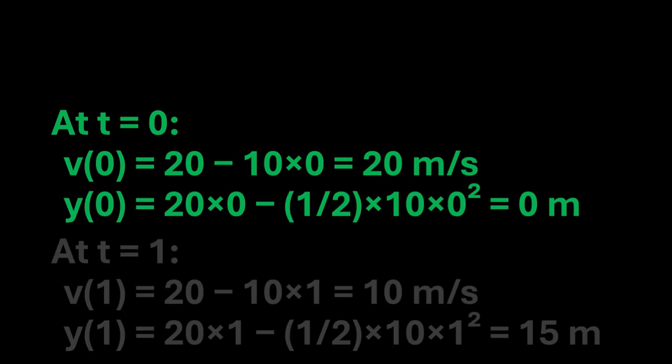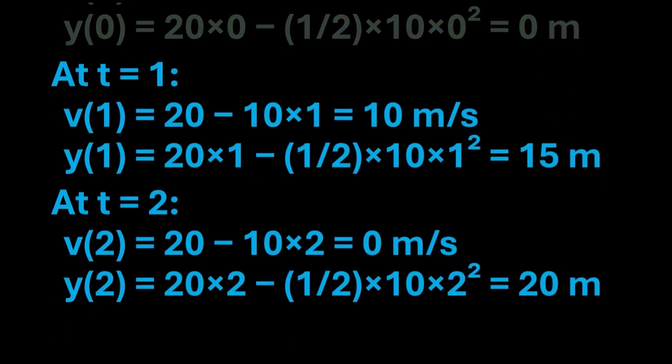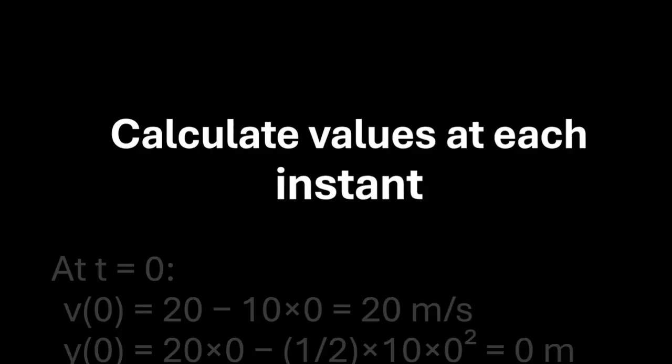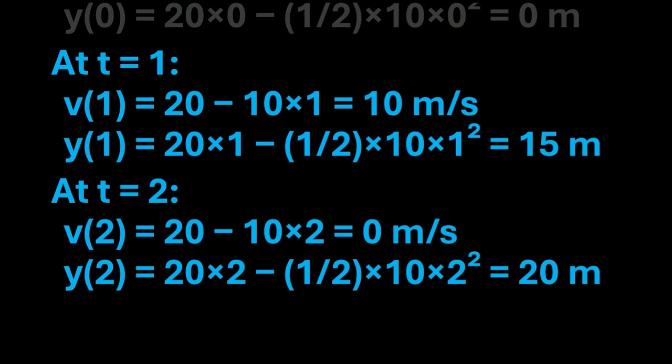Likewise, at t equal to 1, we got 10 meter per second and 15 meter. At t equal to 2, we have 0 meter per second and the corresponding 20 meter. Okay, so on and so forth.